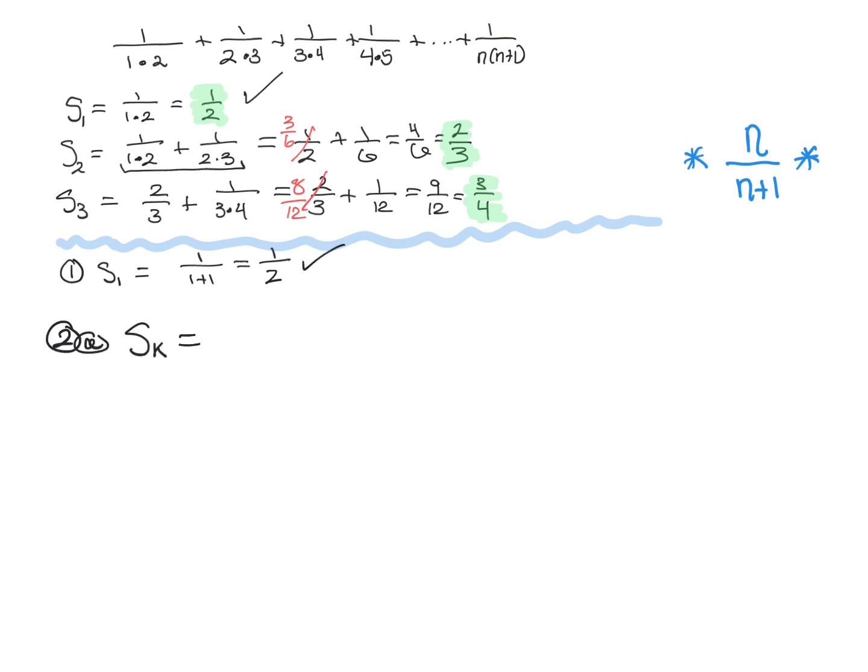So this should equal 1 over 1 times 2 plus 1 over 2 times 3 plus 1 over 3 times 4 plus 1 over 4 times 5 plus and so on, plus 1 over k times k plus 1.